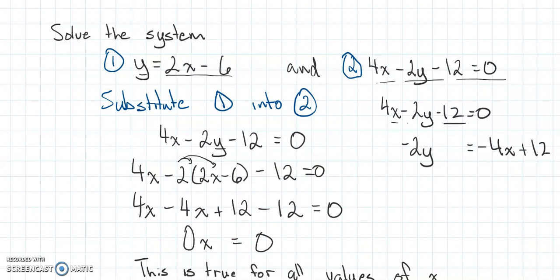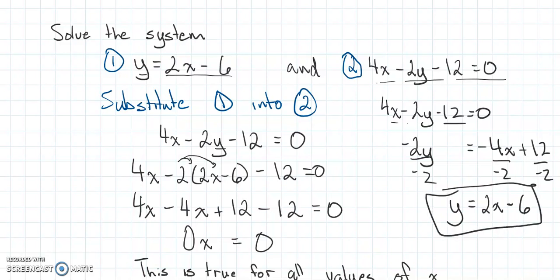And I won't write it on the left side, but it canceled on the left side. And then divide everything by -2. You're going to get y equals -4 over -2 is 2x, and 12 divided by -2 is -6. So the line is actually the same line as the first one. But that wasn't as obvious when it's in standard form.